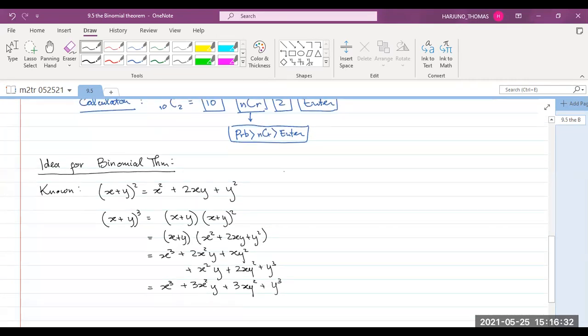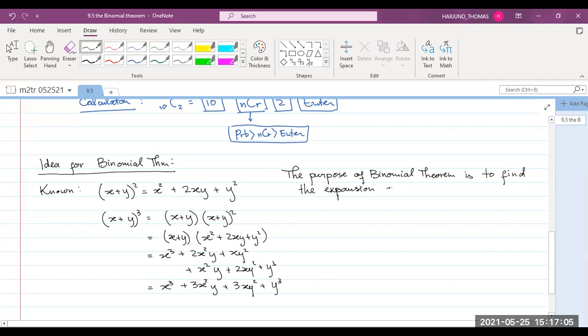Now, the purpose of the binomial theorem is to find the expansion of x plus y to the power of n, where n is a natural number.